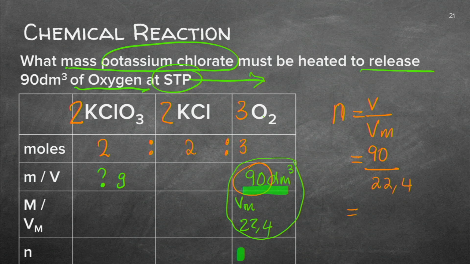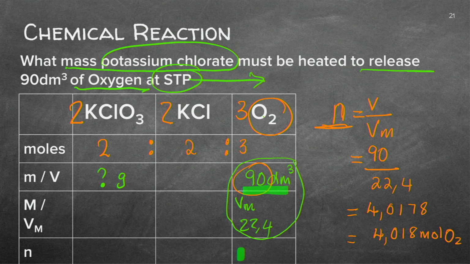Now that will give me the actual moles in that 90 cubic decimeters. Now I calculated it to be 4.0178, so we are going to use 4.018. And remember, it's mole, so it's mole of what? Oxygen.